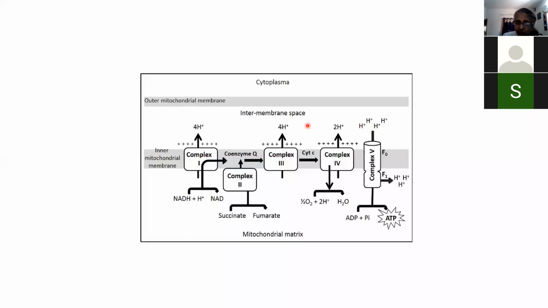Now, this proton gradient, which is present here, will generate ATPs by phosphorylating ADP with the help of what is called ATP synthase. This complex 5 is nothing but ATP synthase. Now, what is this ATP synthase? This is something like a pump, like how a wheel runs.